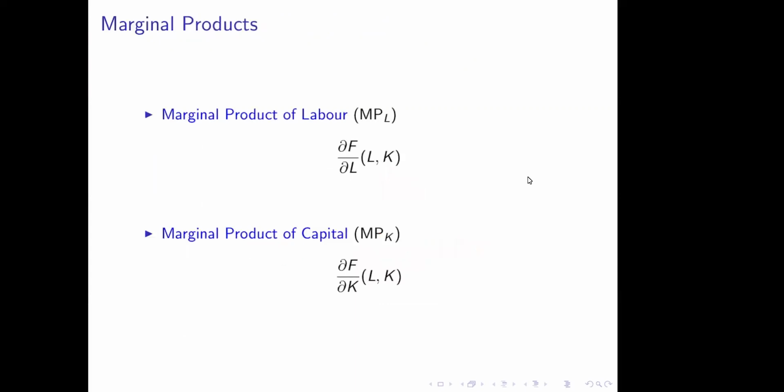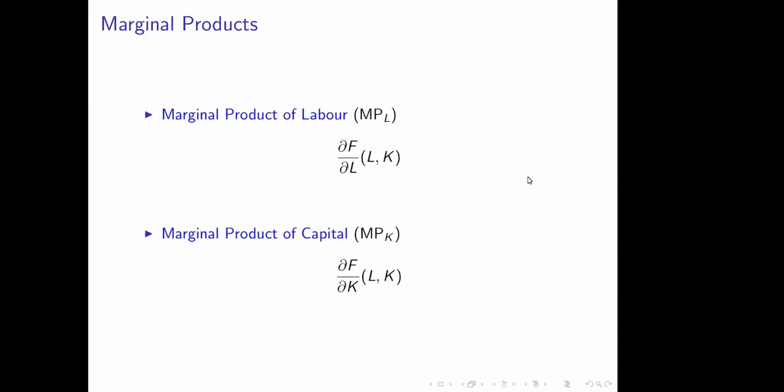Or you can use the relationship of the slope of the isoquant that depends on the marginal product of labor and the marginal product of capital, which is what we're going to explore here.